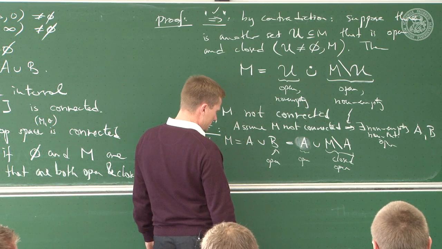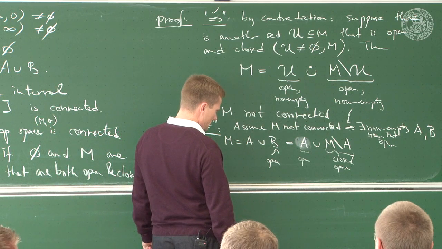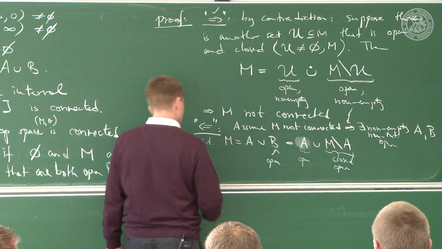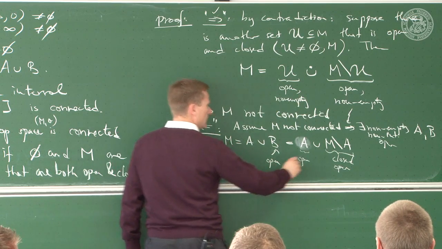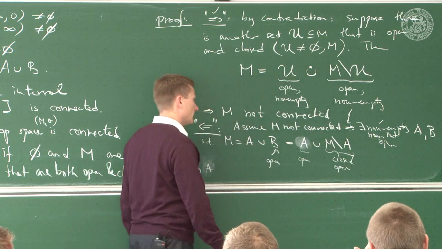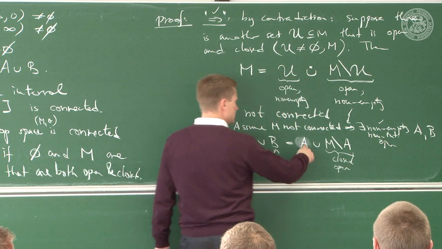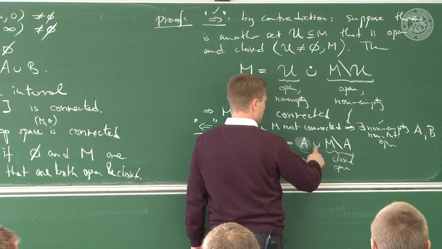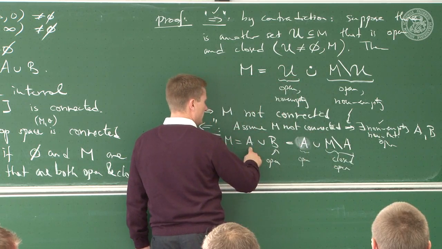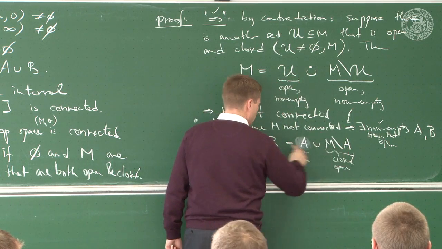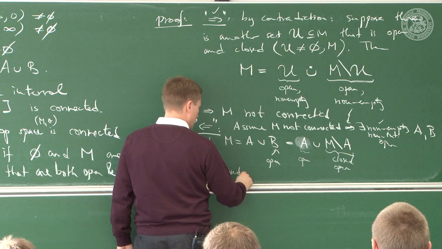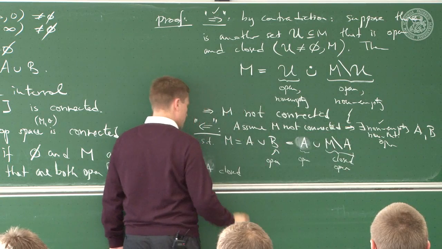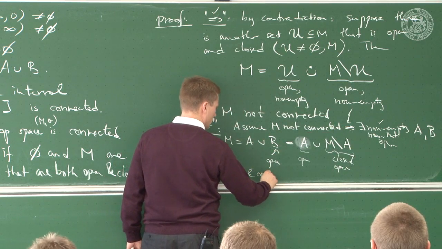And thus, A must be closed. Thus, we have a set A that is non-empty. That's not the entire set, because otherwise B wouldn't be non-empty, and it is closed. But it was open as well, so it's closed and open.